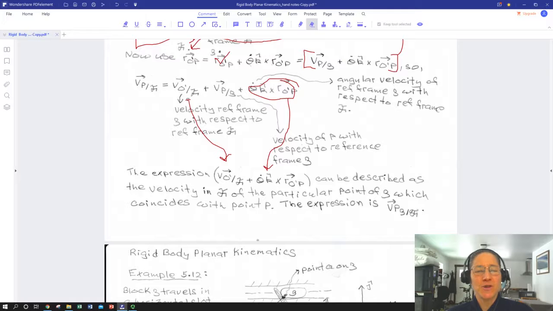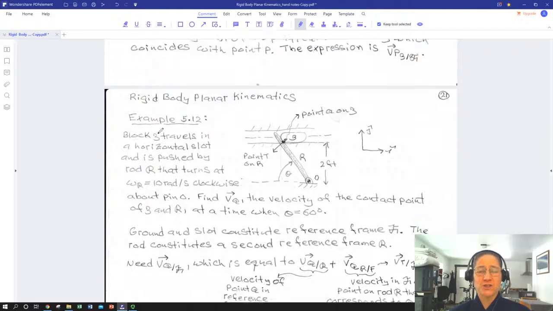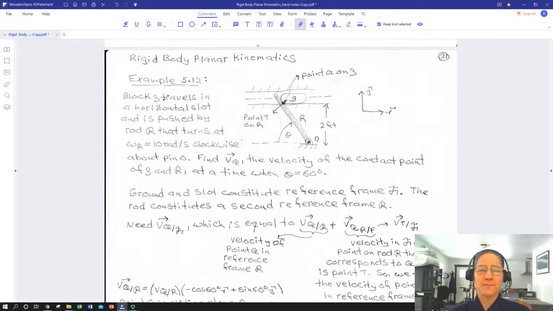But the trick in applying it is to get in your head, okay, who's reference frame F, who's reference frame B, and who's rotating with respect to whom, and all of that. So that's, again, the real crux of the problems, and identifying those things just takes a lot of practice. But the vector algebra, the relationship between the reference frames, the time derivatives is just totally basic math.